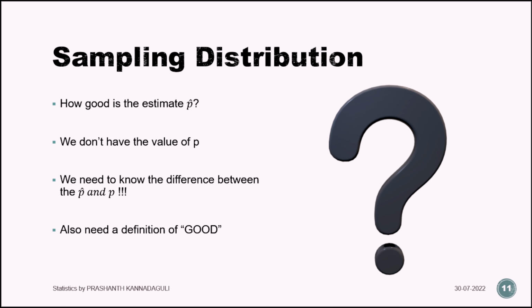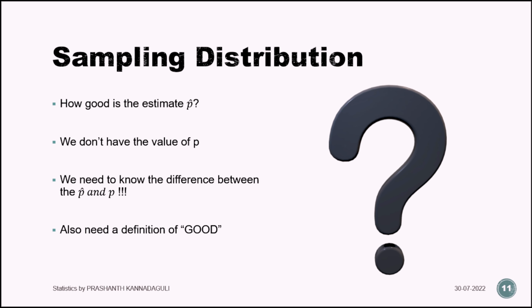Now, can I make a decision based on these 500 people I asked? Out of the whole population, this estimate P cap, is it good? How good is this estimate? In the sense, I make a decision saying that 64% of the vote is received by X. So can I say that X will win the election?